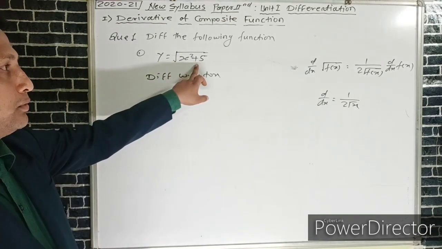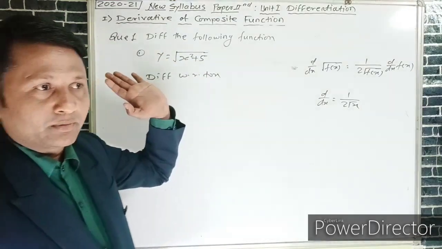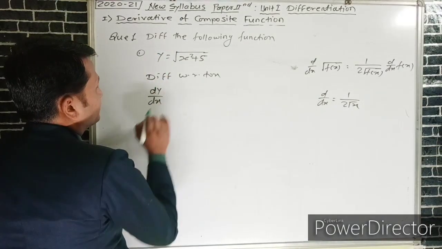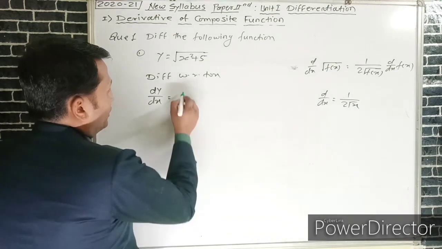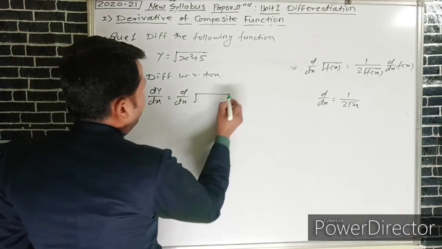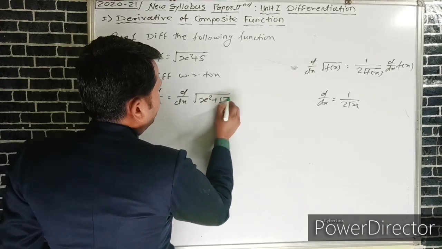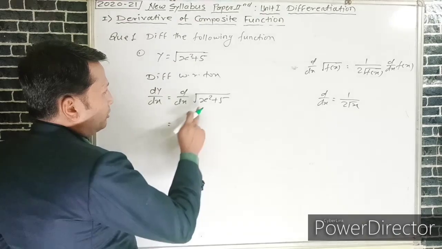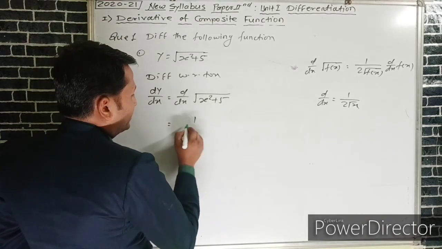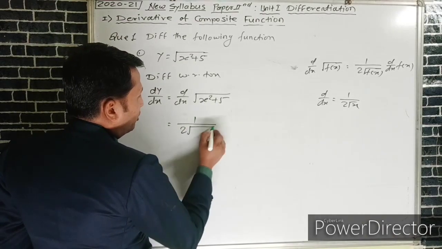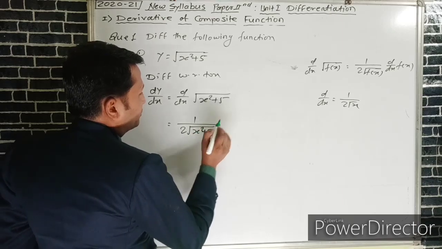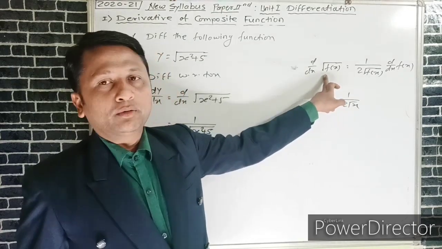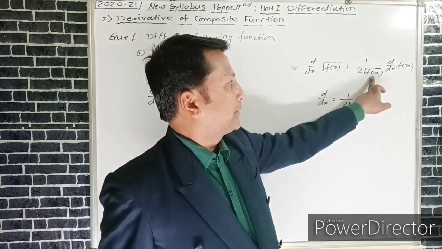x square plus 5 is in composition form. We take the derivative of y, dy by dx is equal to the derivative of under root of x square plus 5. After differentiating under root of x square plus 5, we get 1 upon 2 under root of x square plus 5, by using the differentiation formula of the derivative of under root f(x), which is 1 upon 2 root f(x).